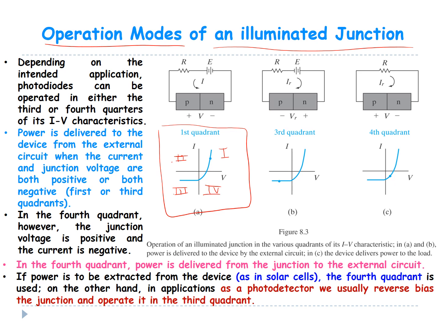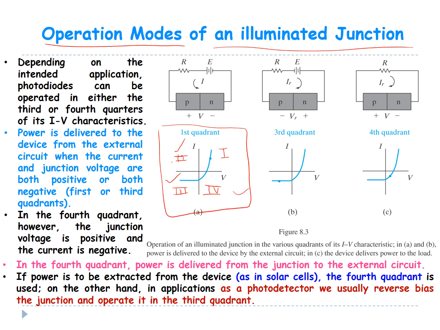So we have these 4 quadrants, and we name them in anti-clockwise direction, starting from the top right quadrant, going around in anti-clockwise direction. We have 1, 2, 3, and 4.